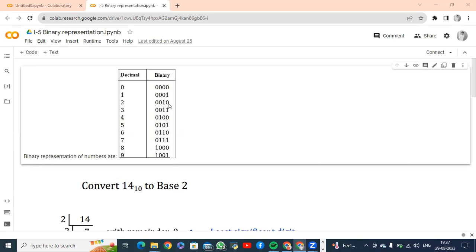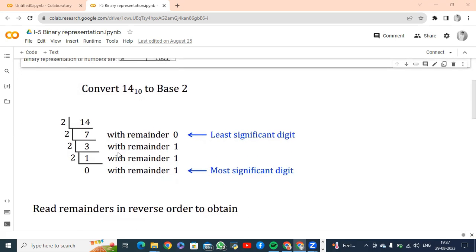Now, how to convert a decimal value into a binary value? Let's see that. See here, conversion of a decimal value into a binary value. We basically know that decimal values have the base as 10. After this 14, we have 10, so 14 is a decimal value.